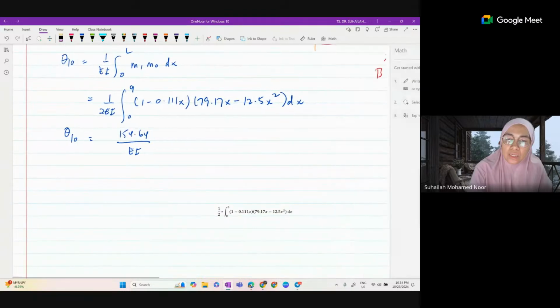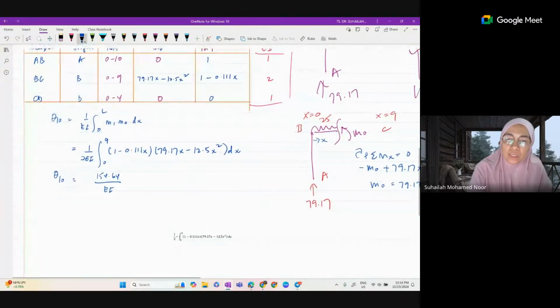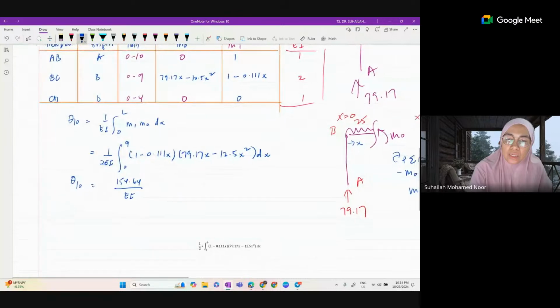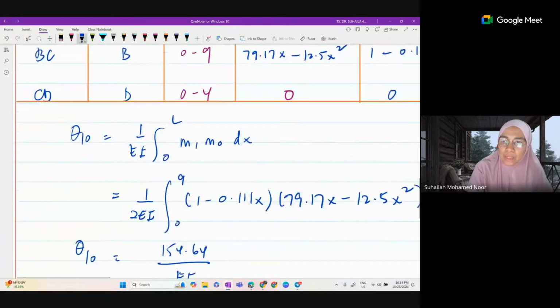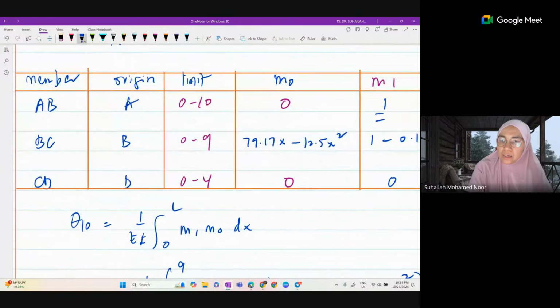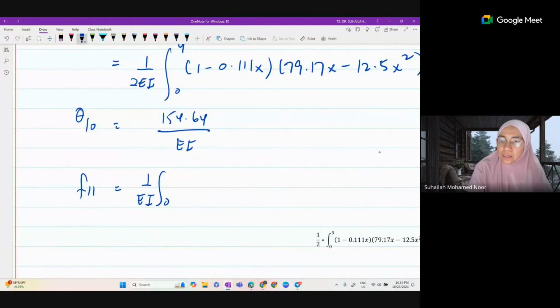Okay, theta 1 naught. So we move to another one. We have F11. F11 is 1 over EI integral from 0 to 10. It has 1 here, 0 to 10, 1 dx.